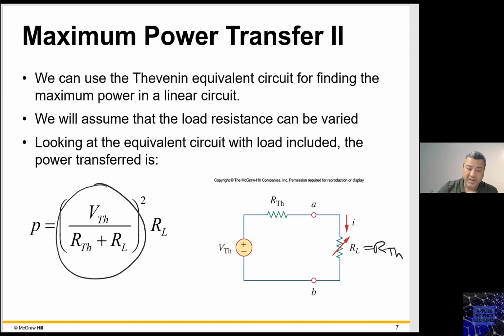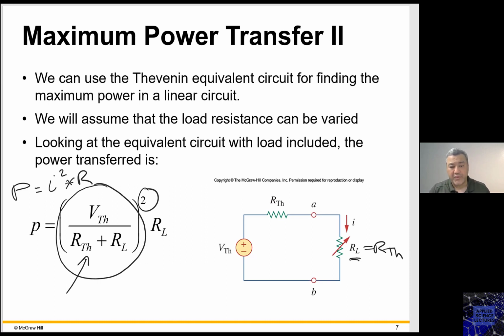So in order to have a maximum power transferred, using the equation P equals I squared R, where R is the RL, the load, because this is the resistor that I am evaluating the power to be delivered to. Then I is the voltage divided by the total resistance. What's the total resistance? R Thevenin plus the RL, squared. So that's the current.